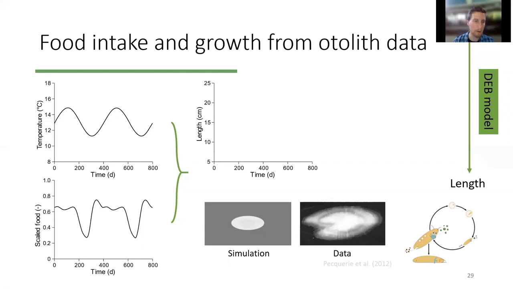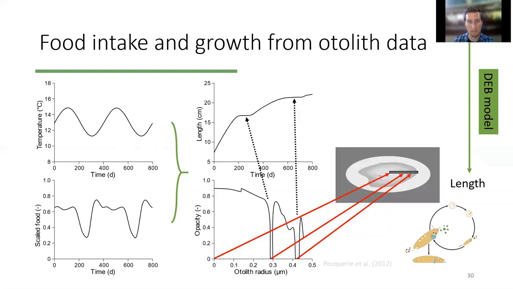So we have on the left here two theoretical variables for temperature and scaled food in the environment. And we can use that to predict length, but also to simulate the accretion of carbonates on the otolith. So it's the growth of the otolith, and also its opacity, and relate that to the data. And this is what this simulation can yield.